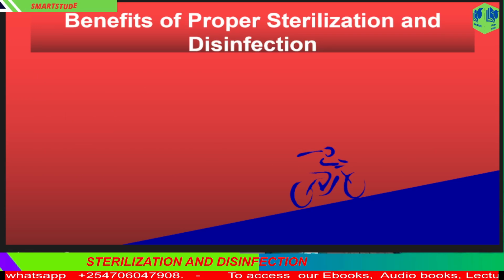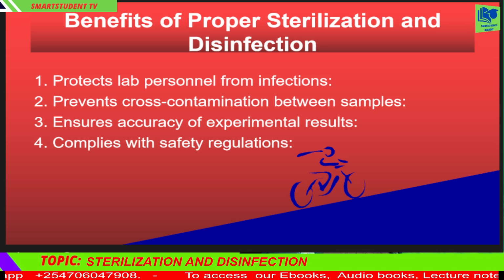1. Protects lab personnel from infections. Proper sterilization ensures that harmful microorganisms are eliminated, reducing the risk of infections that could compromise the health of lab staff. 2. Prevents cross-contamination between samples. Effective sterilization prevents microbes from transferring between different samples, ensuring the integrity and reliability of laboratory results. 3.